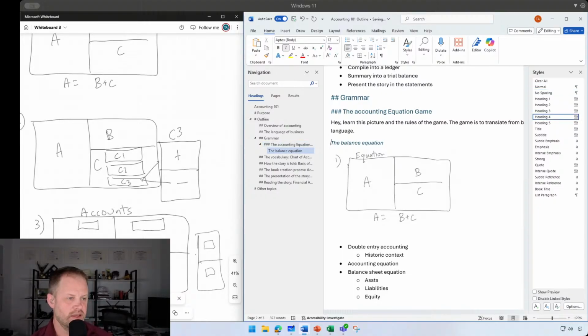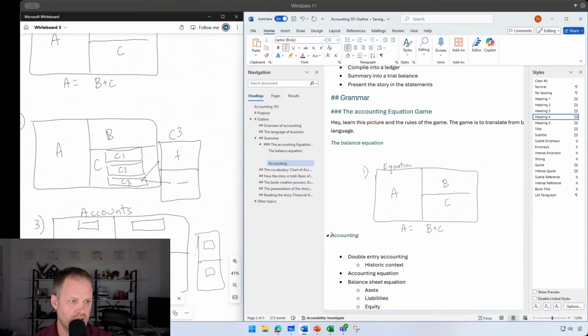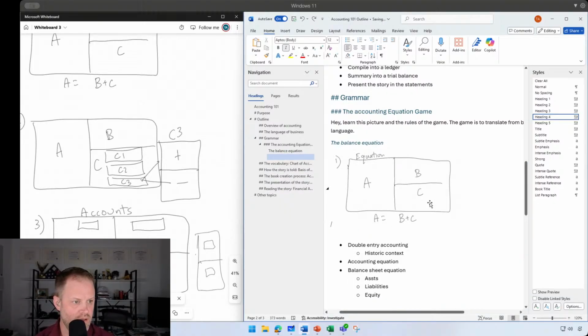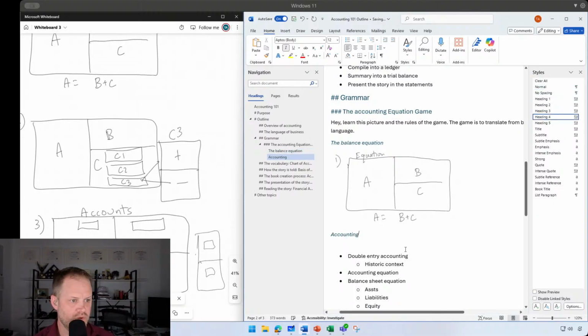Okay, so it's, hey, here's this equation. Then it's, all right, so what is this in accounting? This is the balance sheet equation.